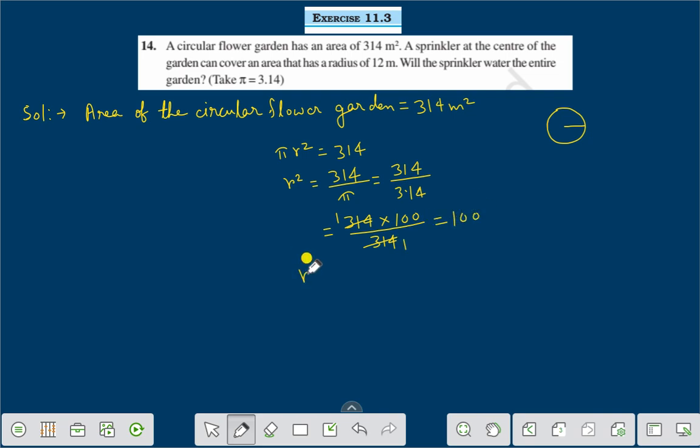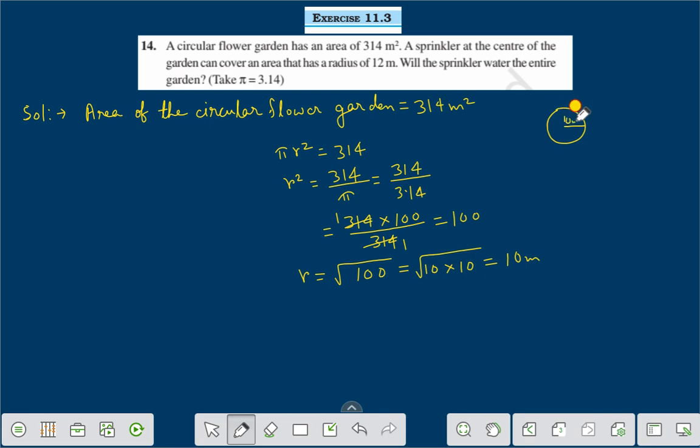Now r is equal to root over 100, and that becomes 10 into 10. Therefore, radius is 10 meter. Radius of this circle is 10 meter.